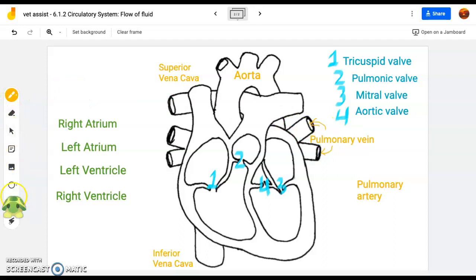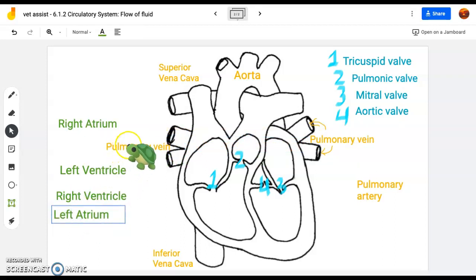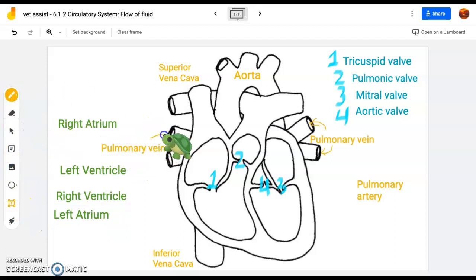And I do have 2 pulmonary, right? Or 2 sections of that. So I can go ahead and bring that over here. I'll move my left atrium out of the way. So that's there. Those are them. All right.